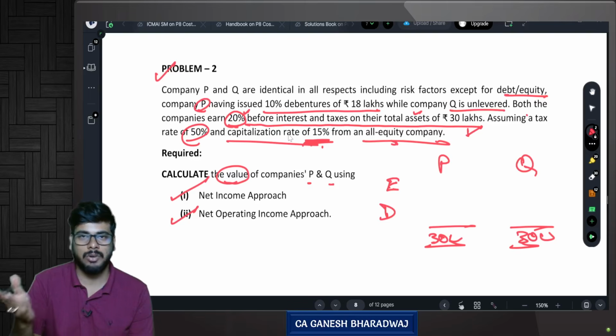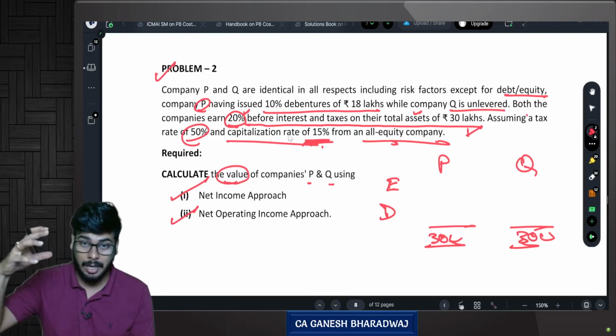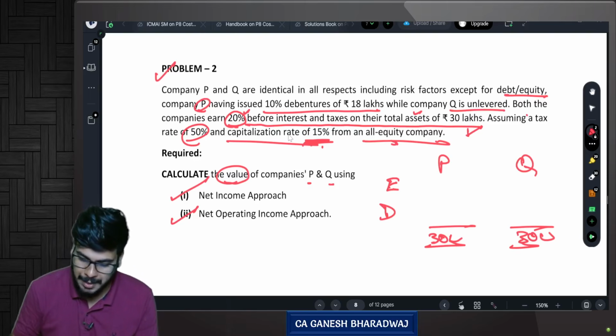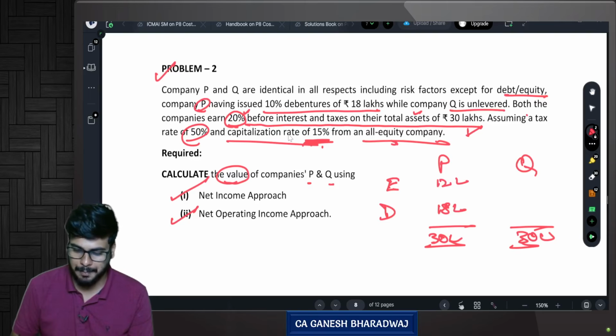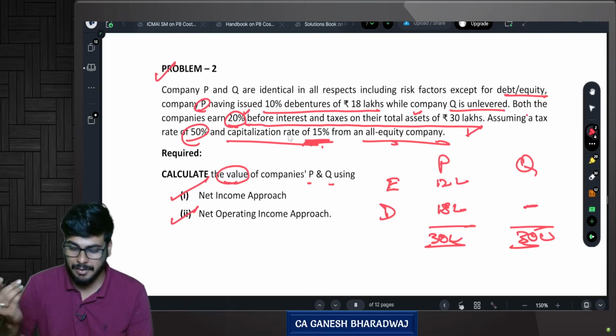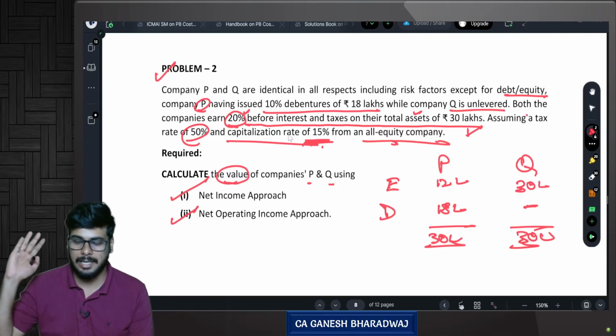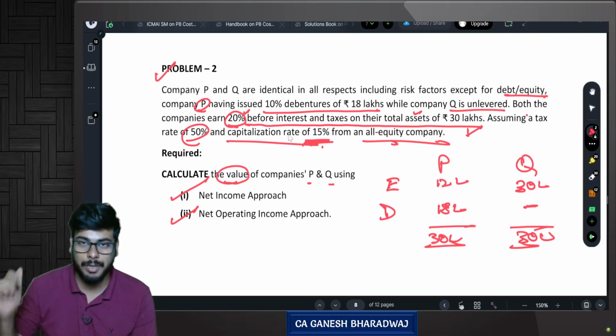In the absence of data, we'll say total assets equal the total capital raised by the company. Company P has issued 10% debentures worth about 18 lakhs, which means the balance 12 lakhs comes from equity. Company Q is an unlevered company, which means zero from debt, all equity. The entire 30 lakhs was raised through the equity mode.